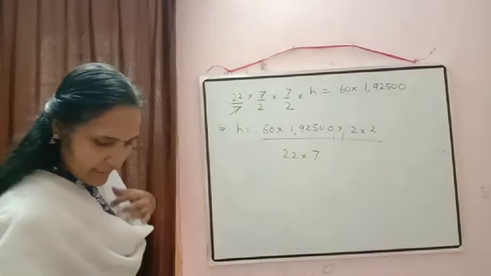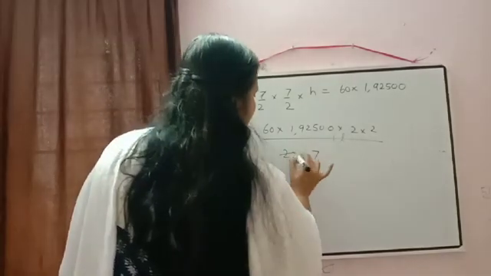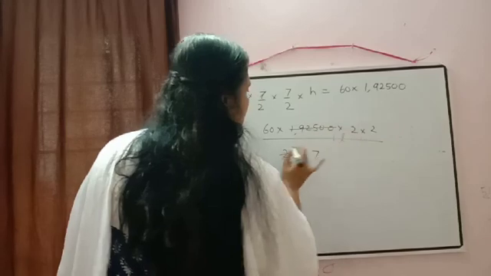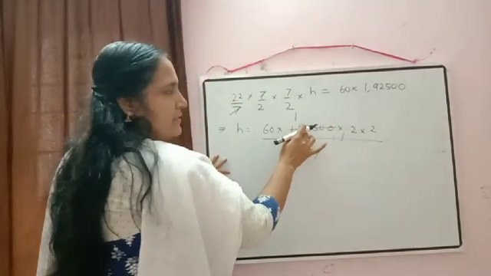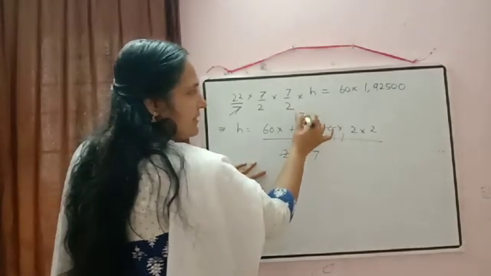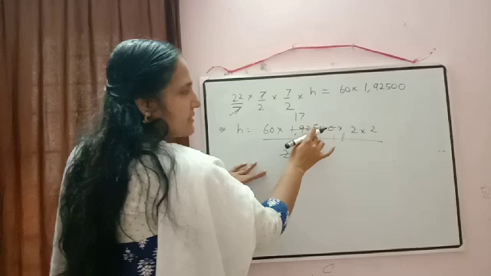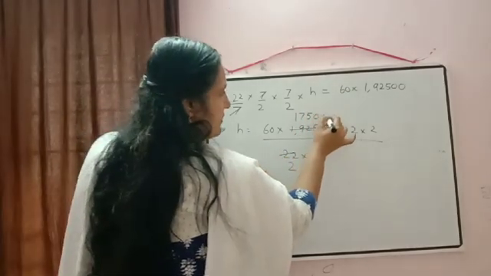Now just to check if cancellation is possible, you can cancel it. 11 2s are 22. 11 1s are 11. 11 7s are 77. So 11 5s are 55, and then the remaining 2 zeros.